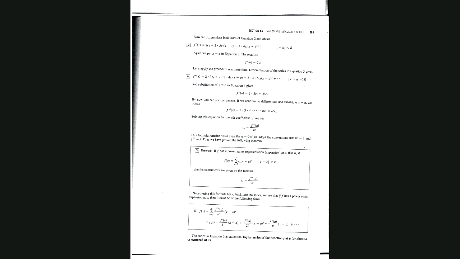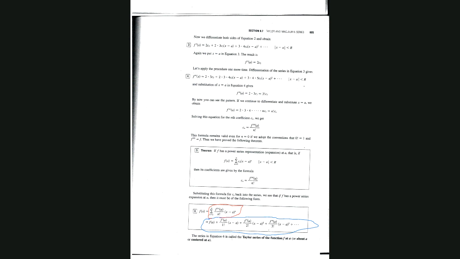This is the formula for the Maclaurin series. And what we have to do is write out enough terms so we can detect a pattern. And then once we have the pattern, we can write down what the power series is for our function.